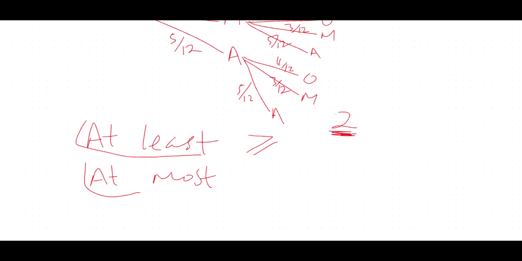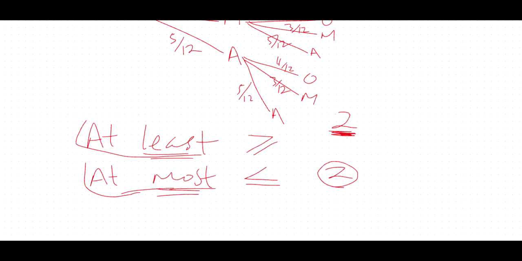But when you use the term at most here, we are simply saying less than or equals to. So if we are saying at most 2, it means that the most or the highest value there is 2. So at most 2 will mean values equal to 2 and less than 2.